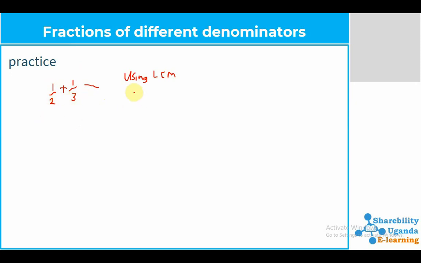We shall say LCM here will be equal to, you multiply the denominators, which is 2 times 3. We shall get our answer as 6.